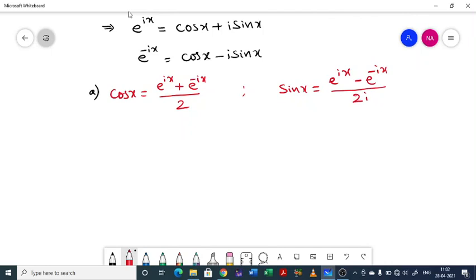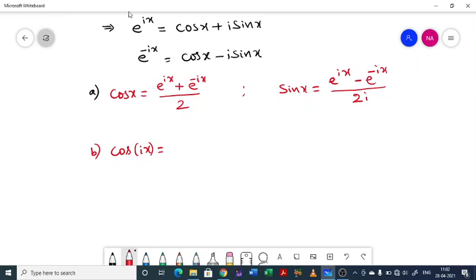Next, if I replace x by ix here, that's point B, we will be getting cos of ix equal to e power i times of ix, that will be minus x. Similarly, minus i times of ix. So you can substitute all those things and simplify.